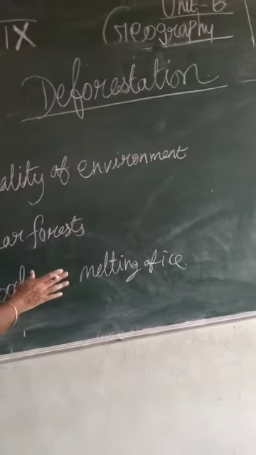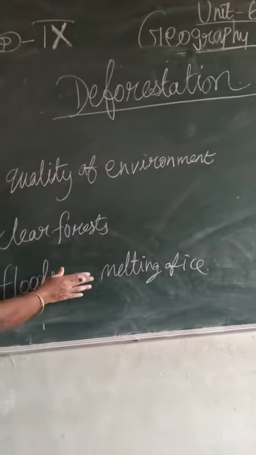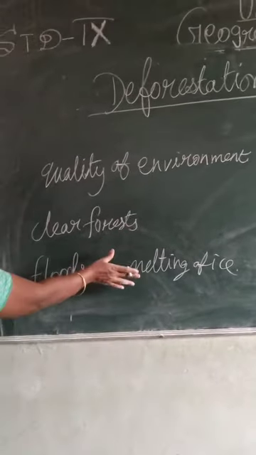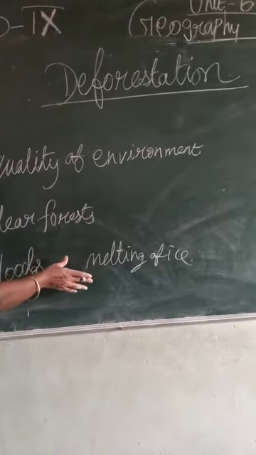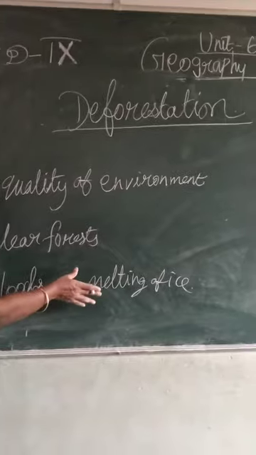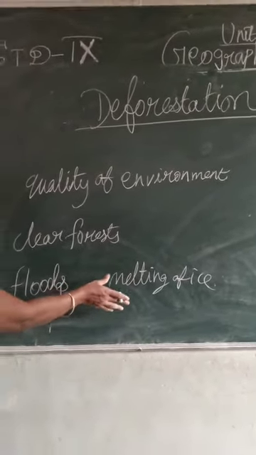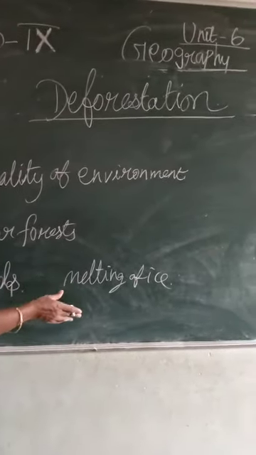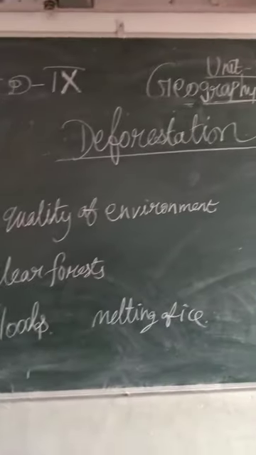Students, very important point, the global warming, spread of desert, depletion of water resources, melting of ice caps and glaciers, rise in sea level and depletion of ozone layer.